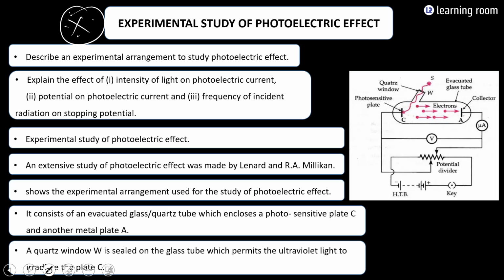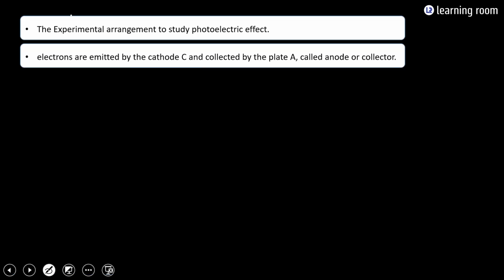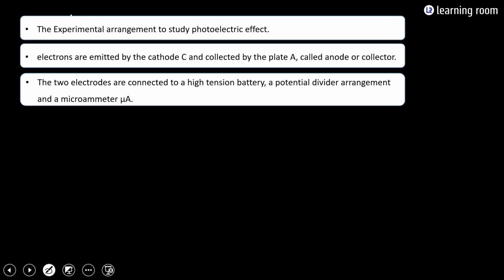Is that clear? So when this happens, this is the first thing that will happen. Electrons are emitted by the cathode and collected by the plate A called the anode, or you can also call it a collector plate. And how are these two electrodes connected?